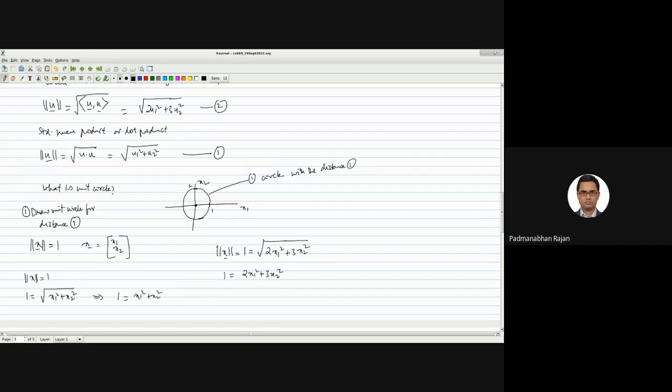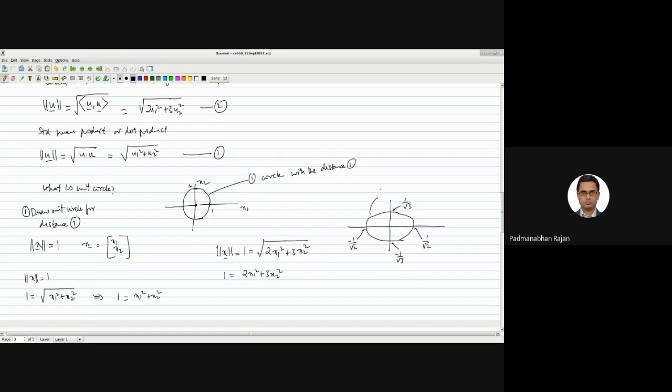If I take the root, I will get the equation of the ellipse. Again, it's not a great ellipse. So this will intercept at 1 by root 2, minus 1 by root 2, 1 by root 3, and minus 1 by root 3. So you can see how this is also a unit circle.